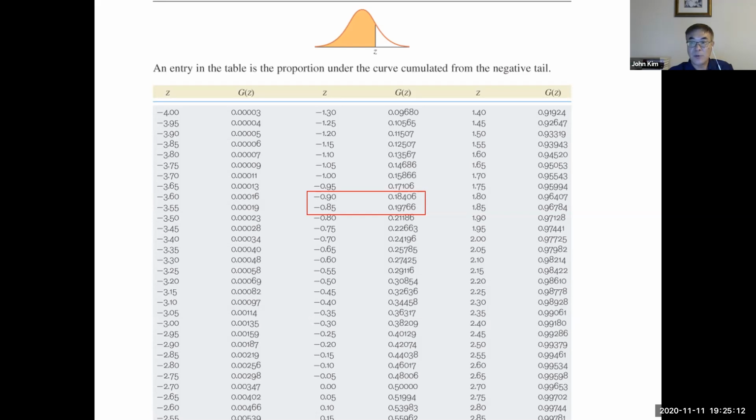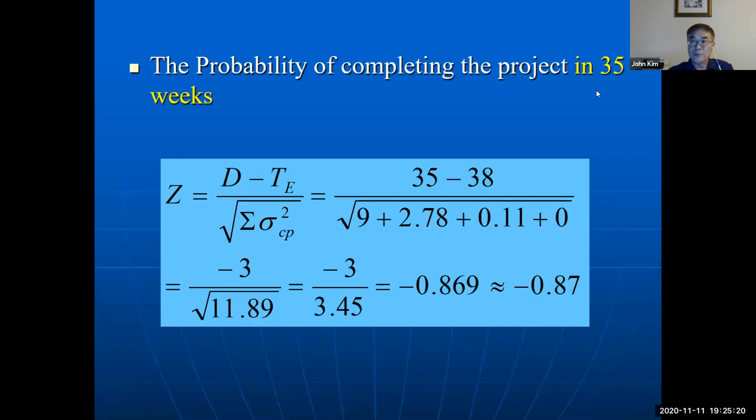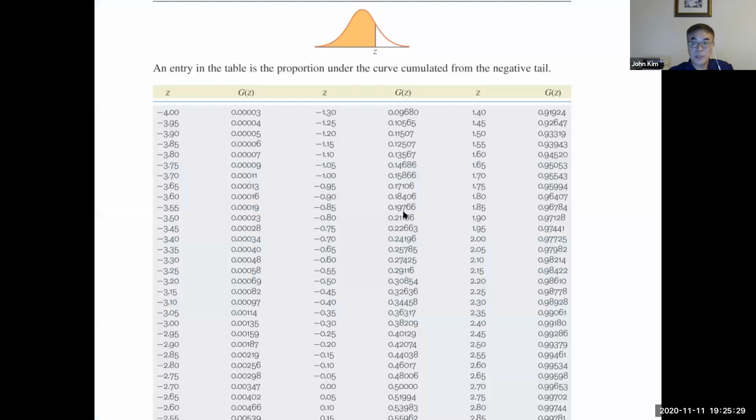That is 19.766%. So the probability of completing the project in 35 weeks is 19.766%.